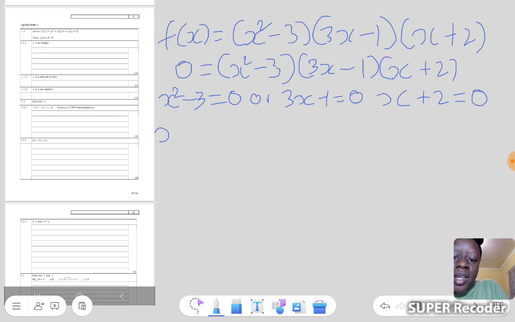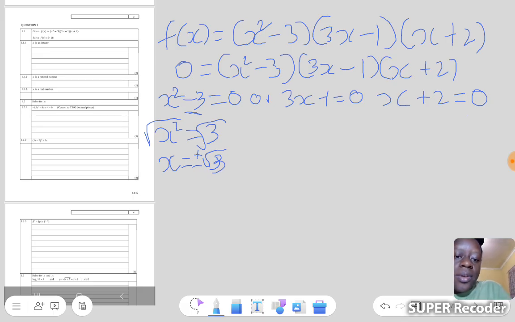Here we have x squared is equals to, transposing this negative 3 to the other side being positive 3, then square root it to get rid of this square. X equals to plus or minus square root of 3.